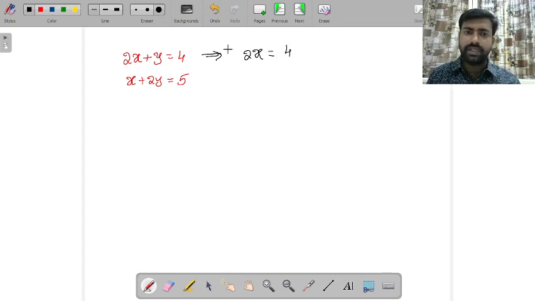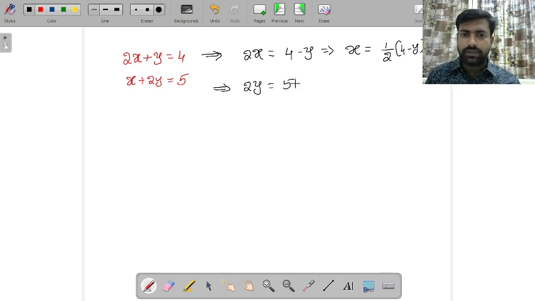We keep x here and send the rest to the other side, that is 4 minus y. From this you can see x is nothing but 1 by 2 into 4 minus y. Okay, and next from the second equation you can write 2y is 5 minus x. So from this, y equal to 1 by 2 into 5 minus x.